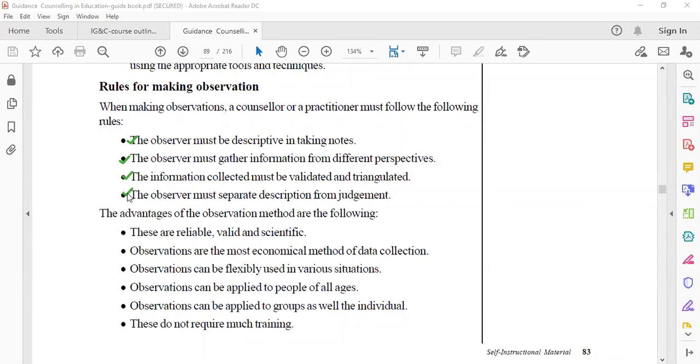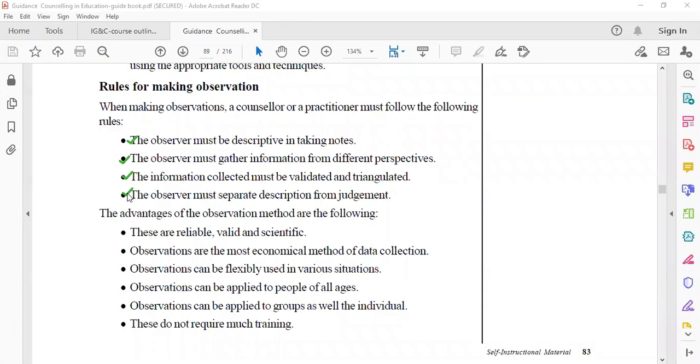Likewise, the observer must separate descriptions from judgment. It means the observer must be objective. He must show objectivity, not subjectivity, when collecting information. Personal judgment should not be included. Whatever he is observing, he must record it, and should not give his own judgments at that time.